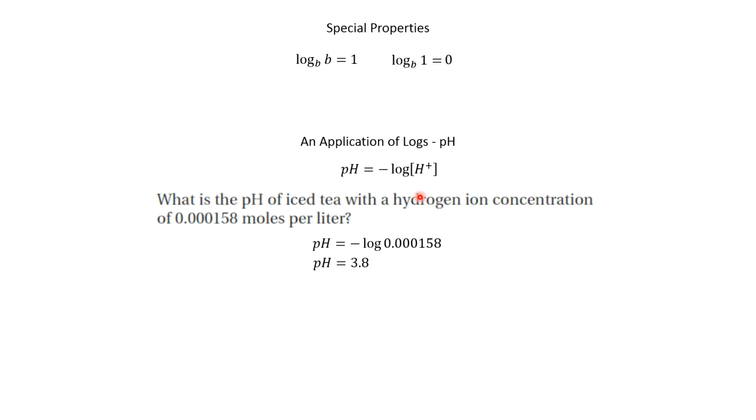Logs have a lot of other applications as well. They're used in a lot of scales. We'll be talking about these a bit throughout the chapter, but the luminosity scale, which measures the brightness of stars, is a logarithmic scale. The Richter scale, that measures the power of earthquakes, is logarithmic. The decibel scale, that measures the loudness of sound, is a logarithmic scale.